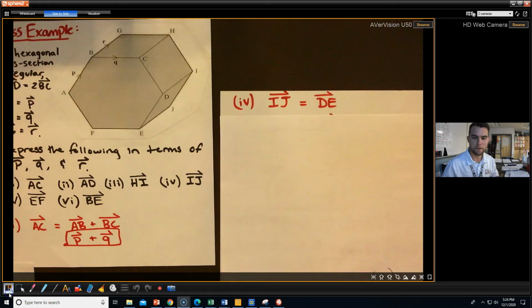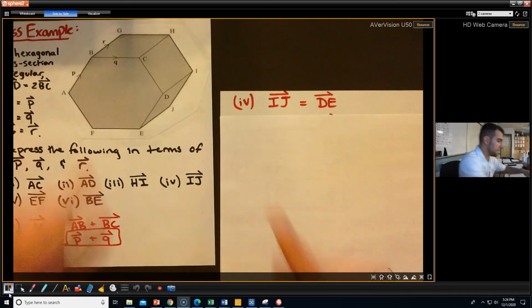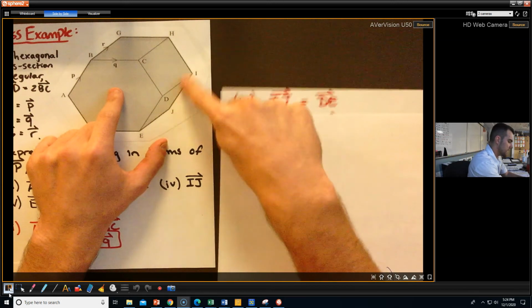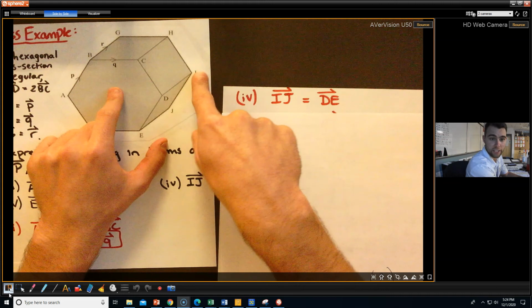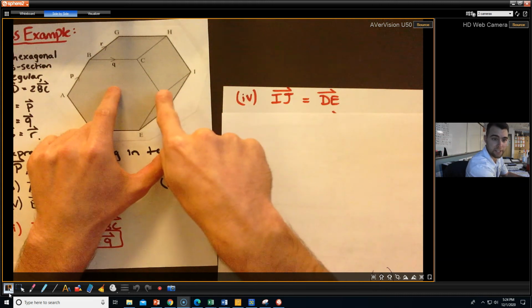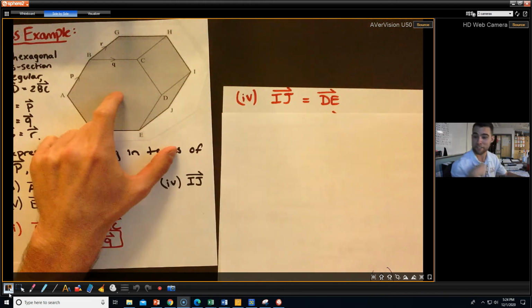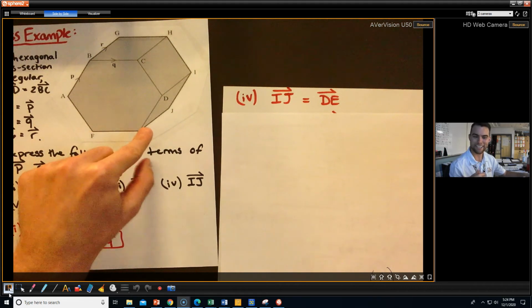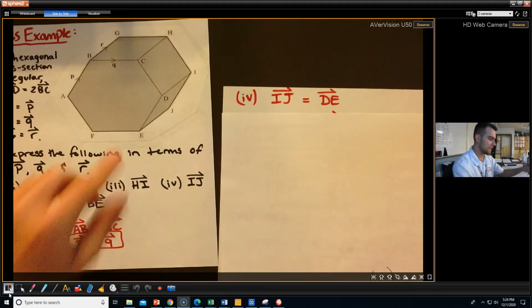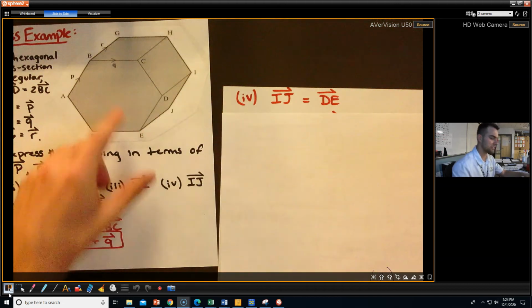All right, we're back. Let's see. So part 4, it's very subtle, but here's the trick. IJ is the same vector as DE, actually. It's just a 3D figure, so it doesn't look like it in a 2D space, but this one is actually going in that same direction.